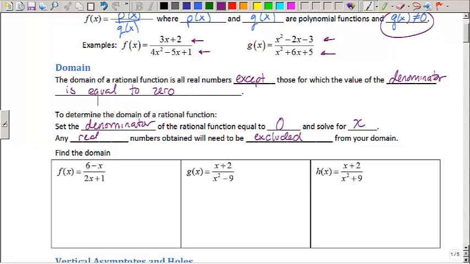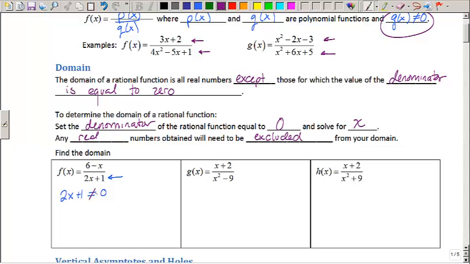For the function f of x equals 6 minus x over 2x plus 1, I'm looking for the domain, and I know the domain is going to be all real numbers except if x makes the denominator 0. So I'm going to set that denominator equal to 0. Or actually, you might even consider thinking about it as not equal to 0.